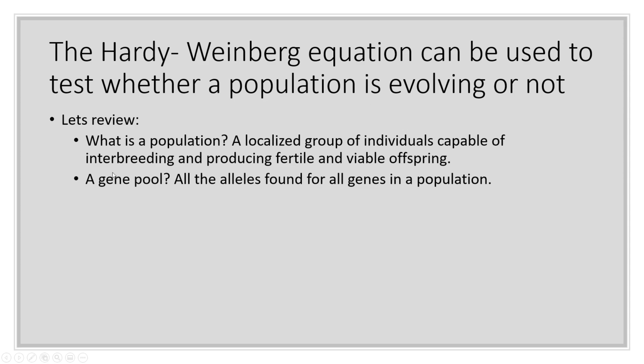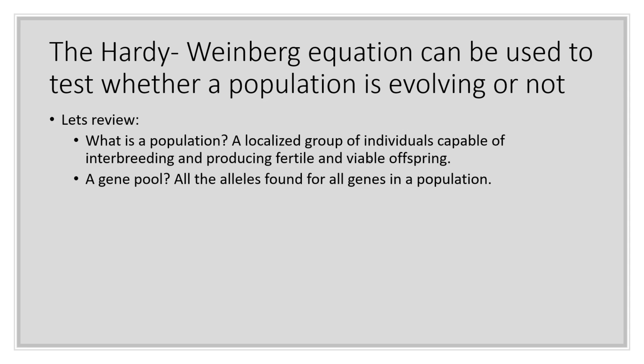To do this, let's do a quick review, which comes from my last recorded lecture, found on Schoology, so you can refresh if you need to. A population is a group of organisms that are capable of breeding and producing fertile, viable offspring. In that lecture, I talk about how a horse and a donkey can mate and produce a mule.